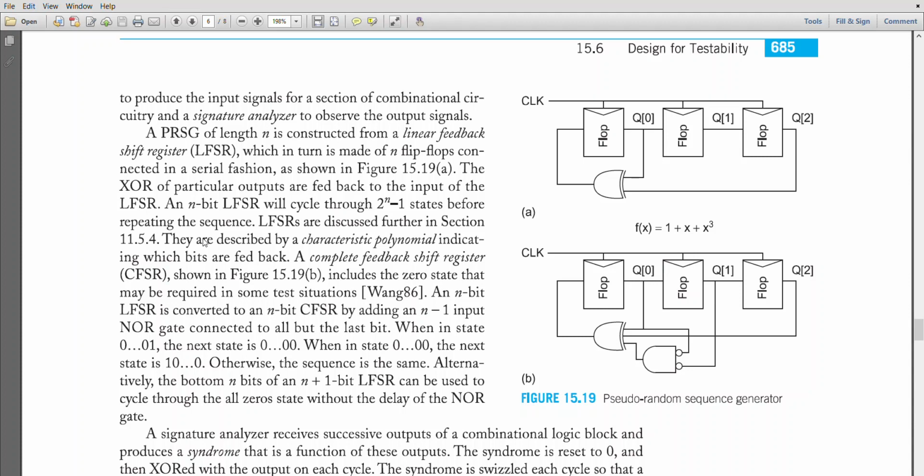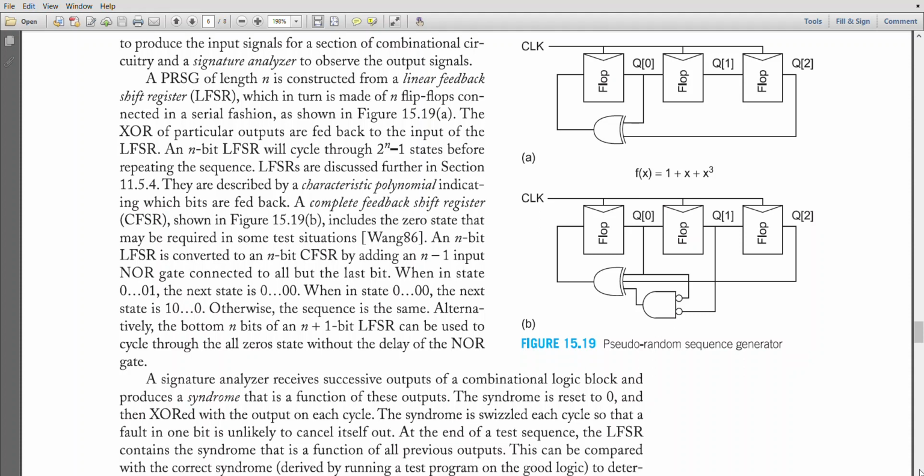LFSR characteristics are described by a characteristic polynomial indicating which bits are fed back. A complete feedback shift register is shown in figure 15.19. This is a feedback shift register. The flop states come back to the input and are applied again, continuously feeding back, and this is why it is known as a feedback shift register.